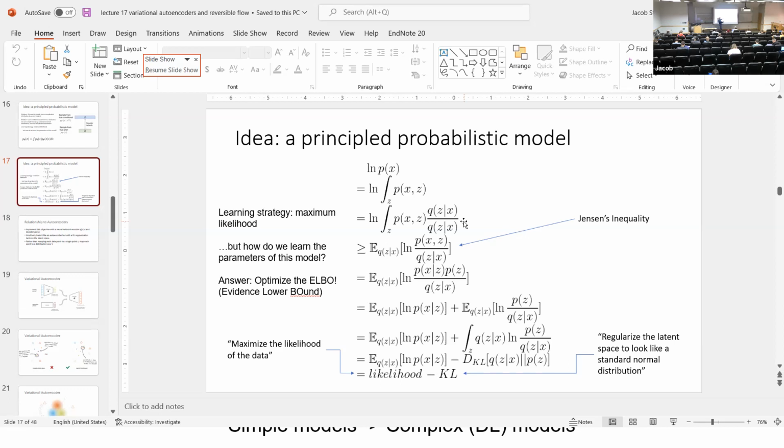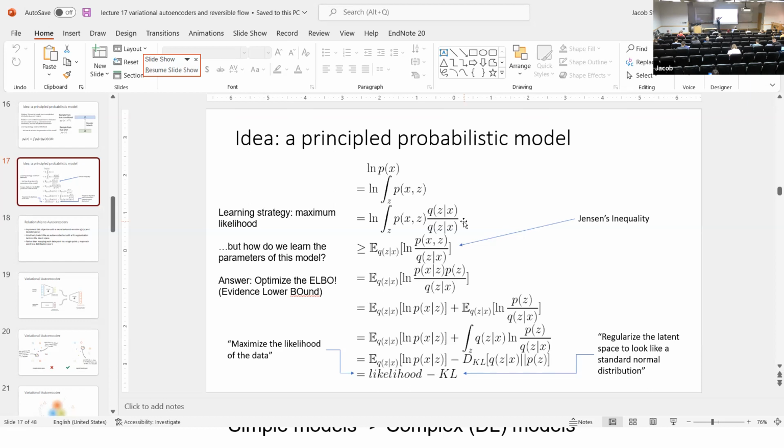So on line 2, we have the function log of the expectation over q of z, and on the next line, we have the expectation of the function. Jensen's inequality says that the latter is less than or equal to the former. The easier way to think of Jensen's inequality is to imagine a concave function and draw a line between two points; that line is going to be lower than the function itself.